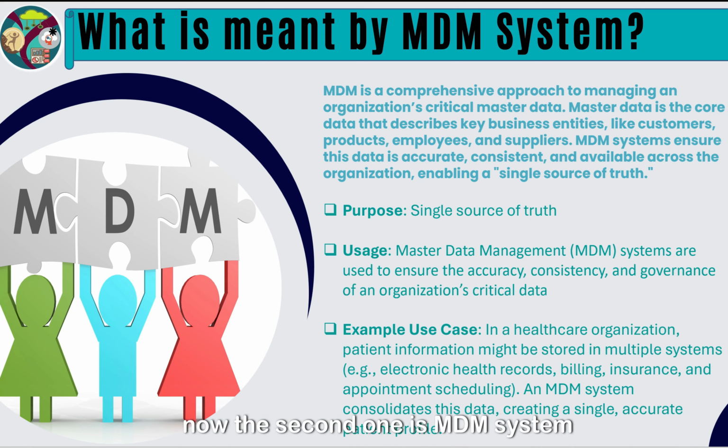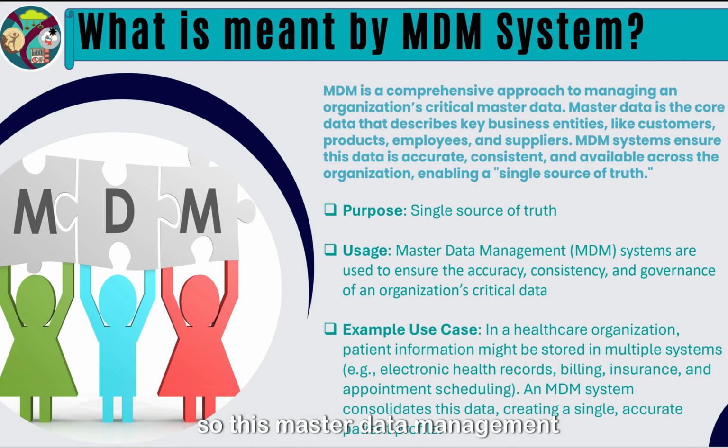Now the second one is the MDM system. An MDM system provides a single unified repository for storing and managing master data. They collect all this master data and provide a single source of truth, so that you don't need to go to multiple systems and verify it. All these key master data will be collected and placed in a single place called an MDM system.